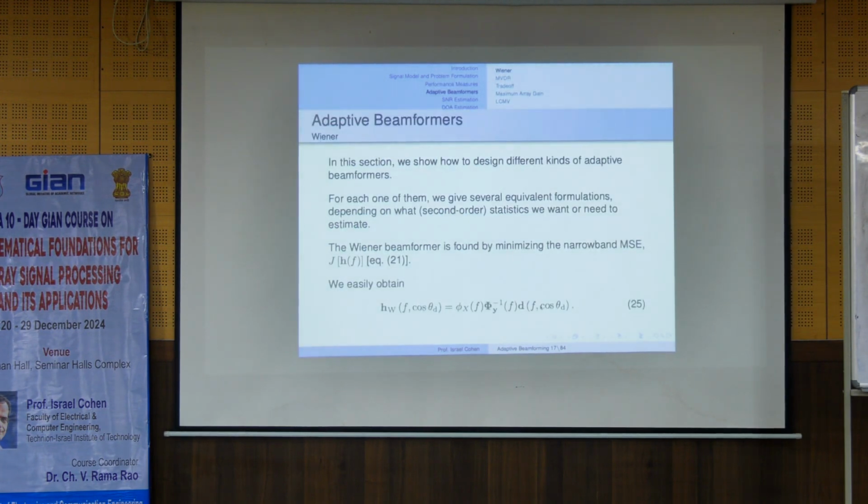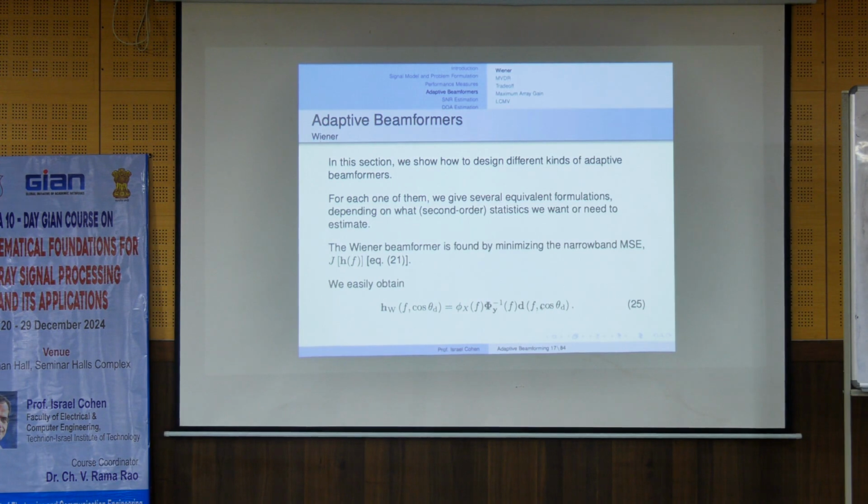Now, based on these performance measures, we can compute the optimal adaptive beamformers. If we try to minimize the mean squared error, we get the solution which is the Wiener adaptive beamformer.